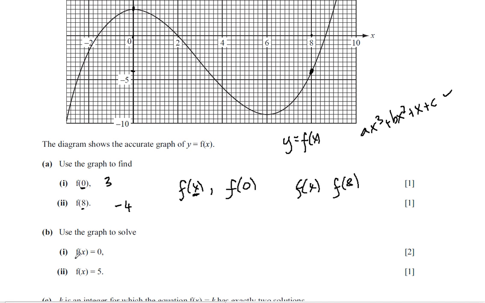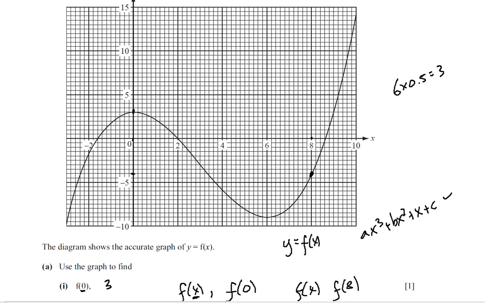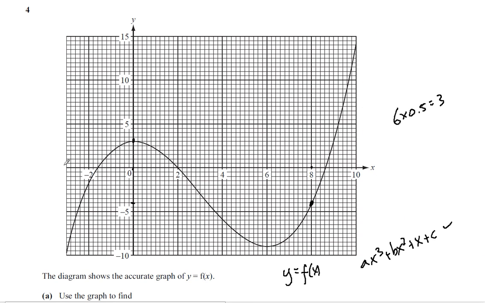Now they're saying, where does your graph have a y value of 0? You see it's in the form of y is equal to f of x. So when y is 0, what are the values of x? So where's y 0? The best thing to do is to use a ruler and put your ruler horizontally through the y equals 0 line, which is this x-axis over here.